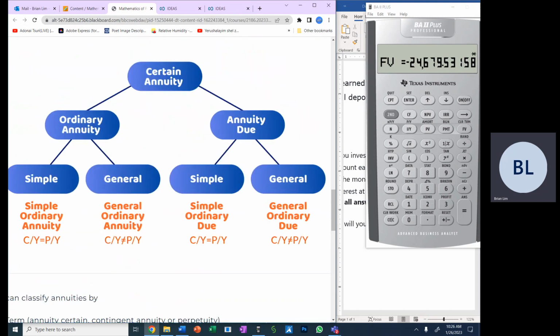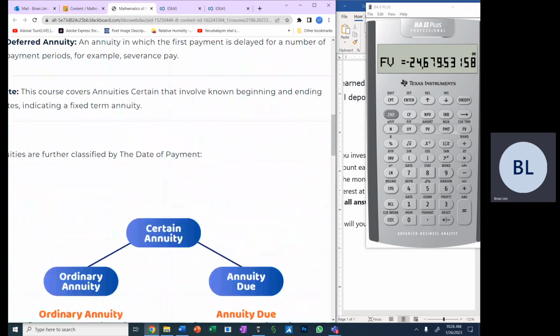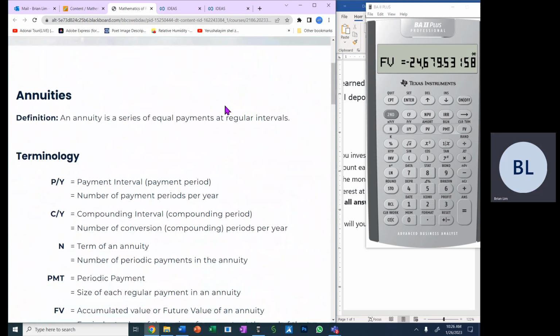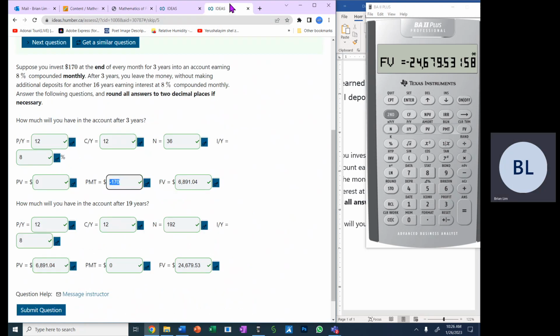If we go back in here and go to the very definition of what an annuity is, okay, a series of equal payments at regular intervals. Yes, more or less, that is right. Sometimes you will come across later where maybe the final payment might not be the same as all the other payments. But anyway, that's for a later lesson. Okay, so that is what that part was.